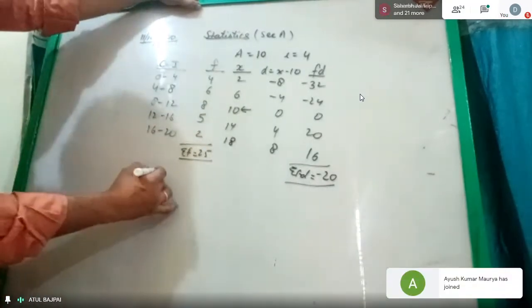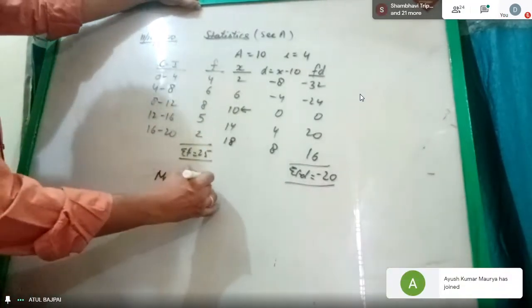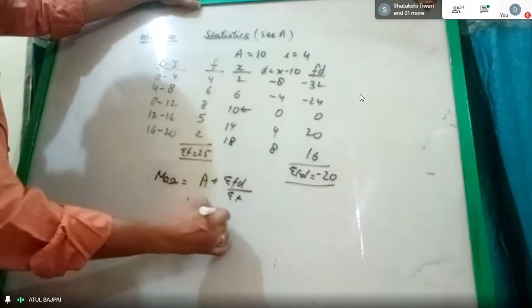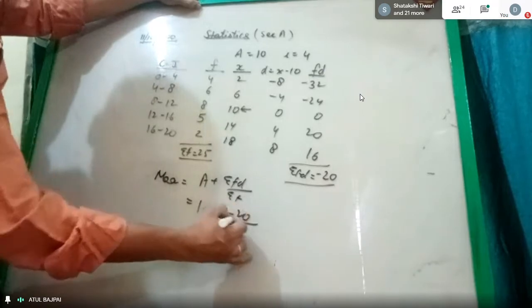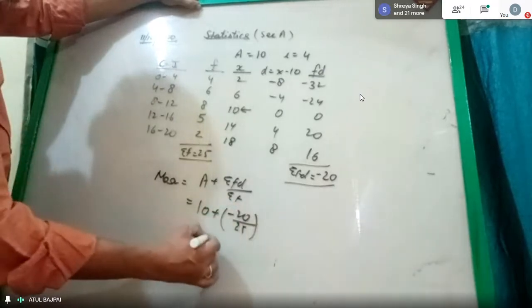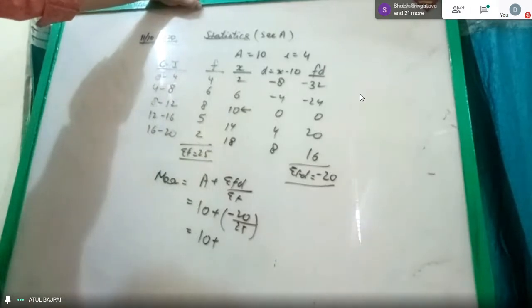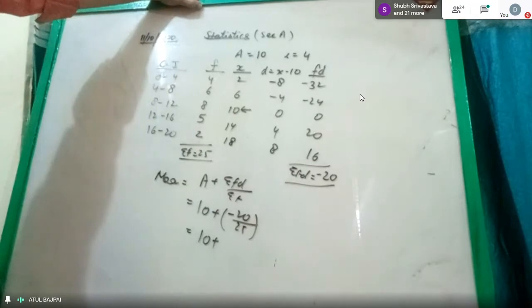So what is the mean over here? Mean is A plus sigma fd upon sigma f. The assumed mean is 10, sigma fd is minus 20, sigma f is 25. Simplify, what do you get? 9.2.